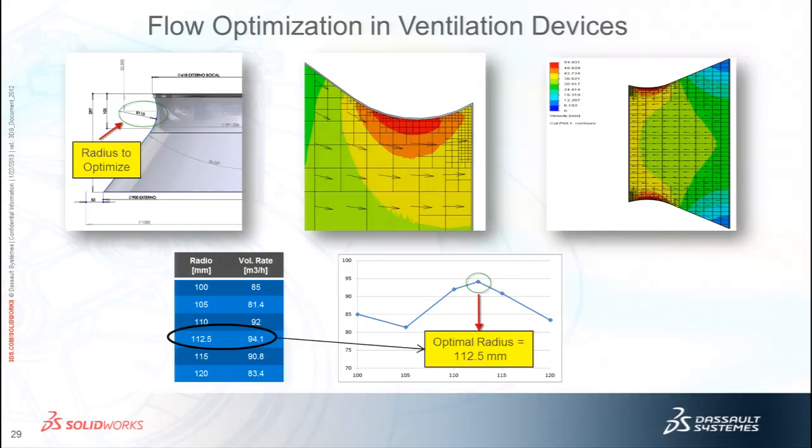One can say, okay, this is not so important, because what could happen if I change from 100 to 112? Oh, a lot. Look at this. For 100, we have 85 cubic meters per hour, and for 112, just a little change on this big fan, we have 24 cubic meters per hour.